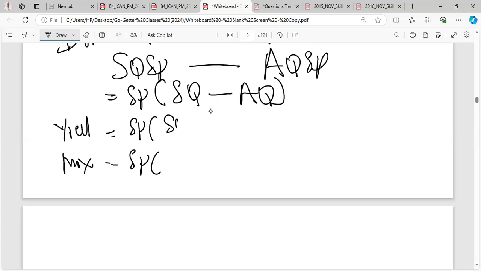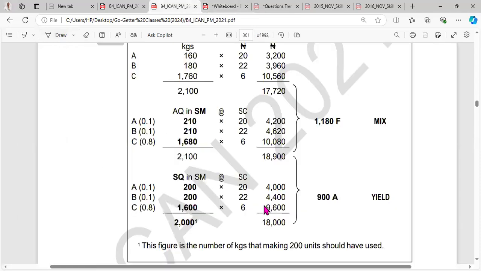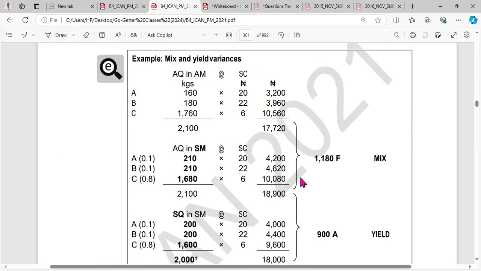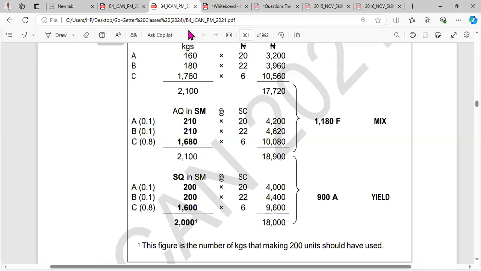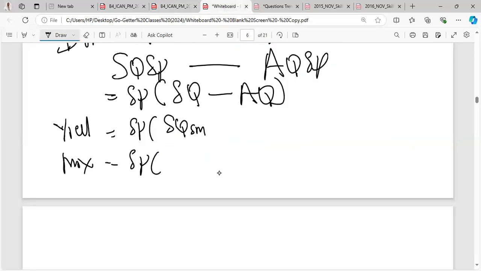This is standard quantity, standard mix, and actual quantity, standard mix, minus actual quantity, standard mix.